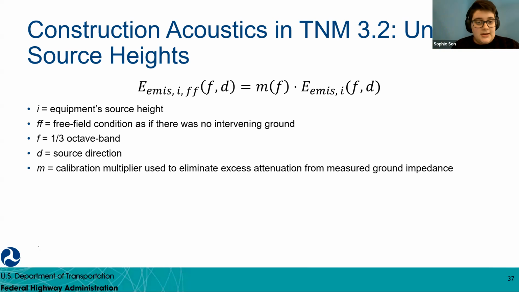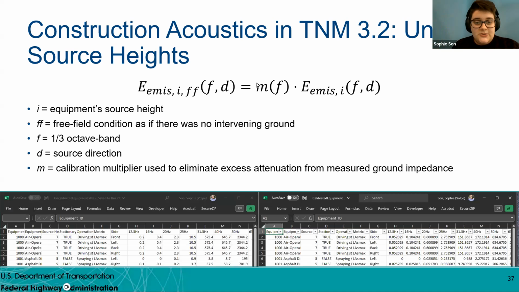For the default equipment, you can see the uncalibrated energy as well as the calibrated energy in these two reference Excel files that are also provided in the TNM 3.2 installer, just to show the measured versus free field conditions. And again, TNM is using those calibrated free field conditions in its calculations.